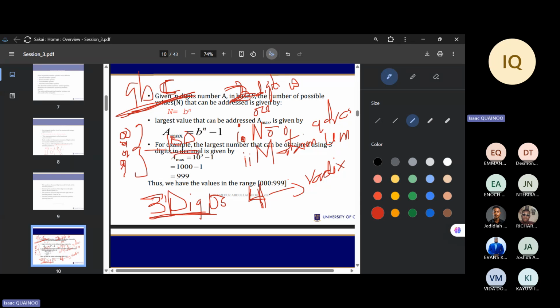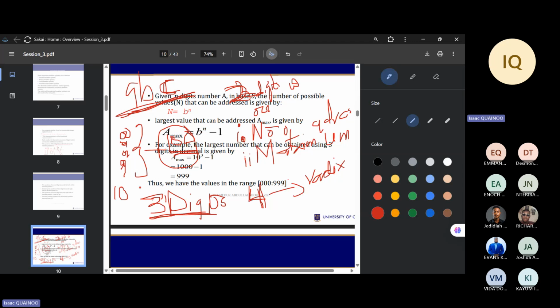So the number of representations that can be addressed in that particular number system is 100 different ways. And you know that it is 100 by taking the base of the number system. The base of the number system is decimal, which is base 10, all raised to the power of the number of digits that are acceptable in that number system.